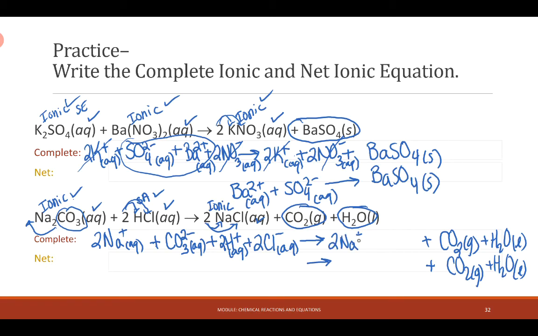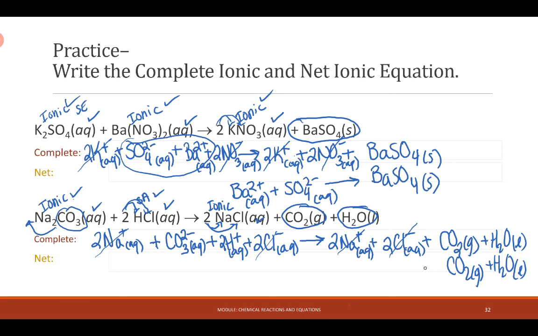So that's 2Na plus and 2Cl minus, aqueous, aqueous. So I can cross out my sodiums because I can see that they don't change. I see 2Cl minus and those don't change. And so what I'm left with on my product side is only the carbon dioxide and water.